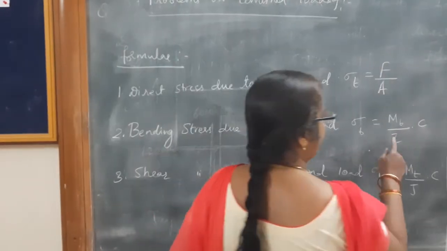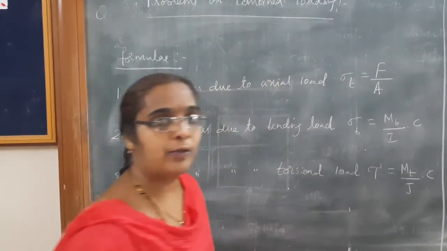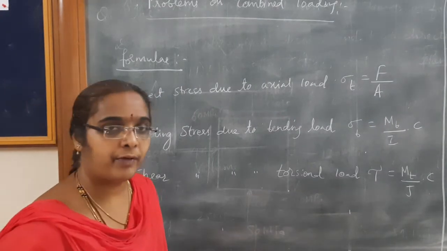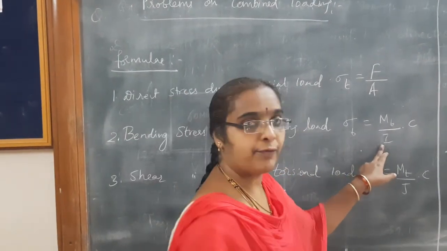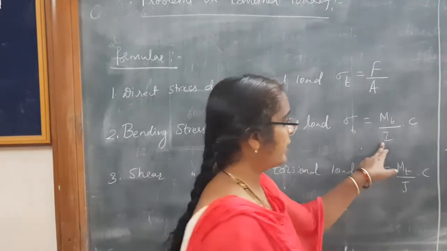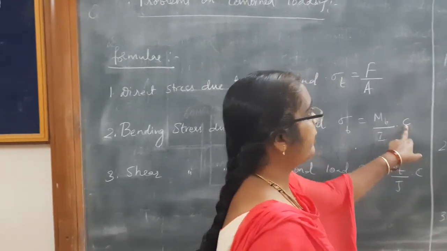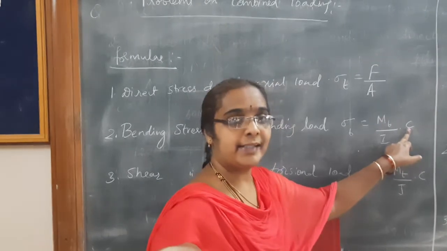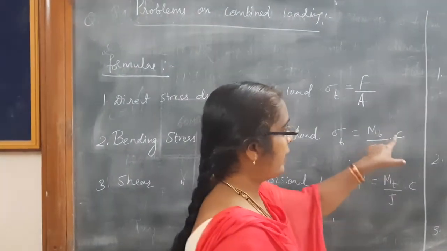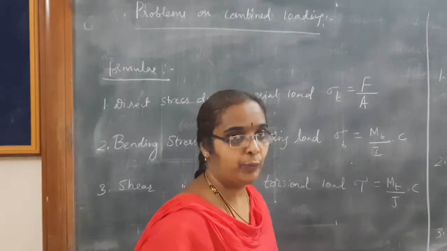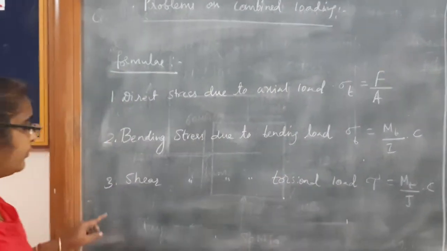I is the moment of inertia, I is equal to pi by 64 d to the power of 4 for a circular section. And C is nothing but d by 2, the distance of the outermost layer to the neutral axis. For a circular object it will be d by 2, diameter divided by 2.